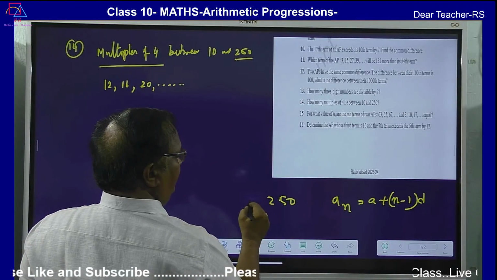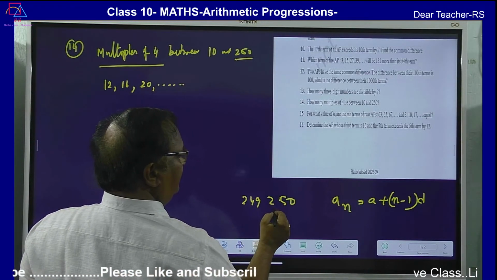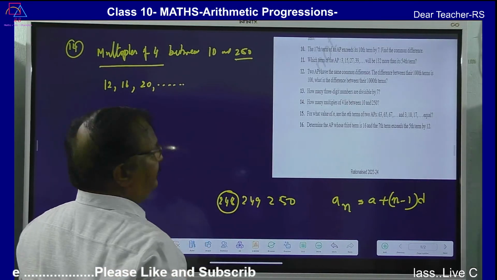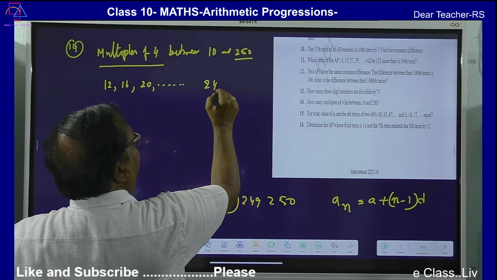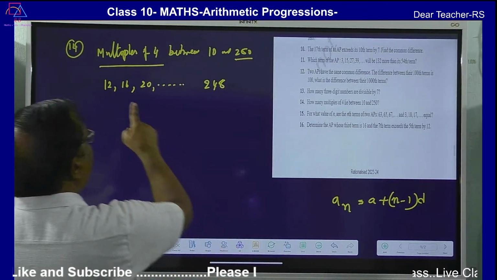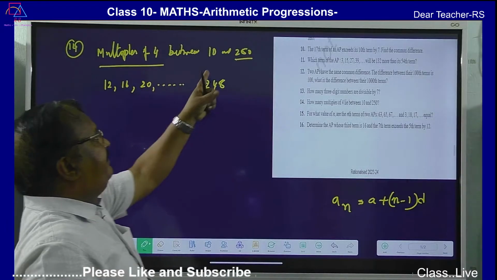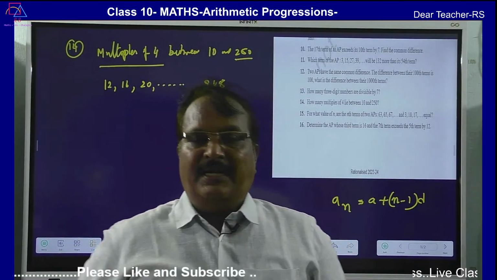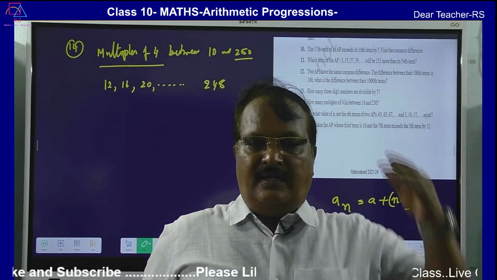What is the last multiple of 4 before 250? 250, 249, 248. So, 248. These are the multiples of 4 between 10 and 250.